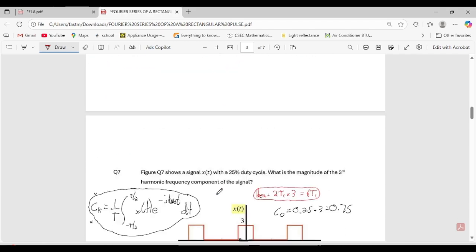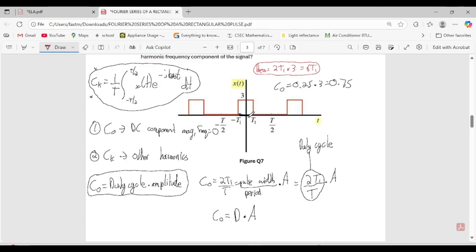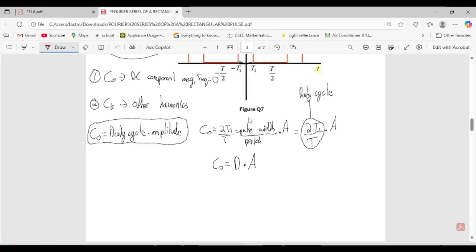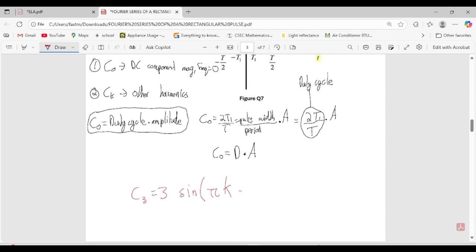So in this case, what is the third harmonic? Let's write it out. So in this case, C3, we know the amplitude is 3. It will be sine, open brackets, pi k. The duty cycle they gave was 25, so it will be 0.25, put it in a bracket.